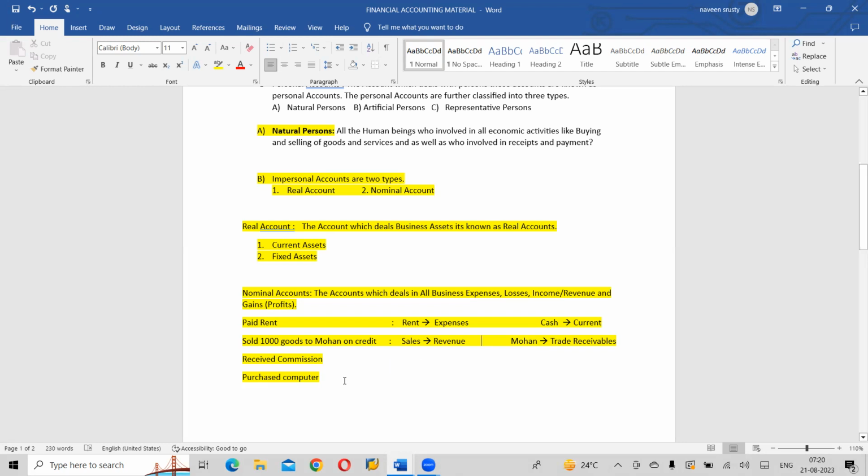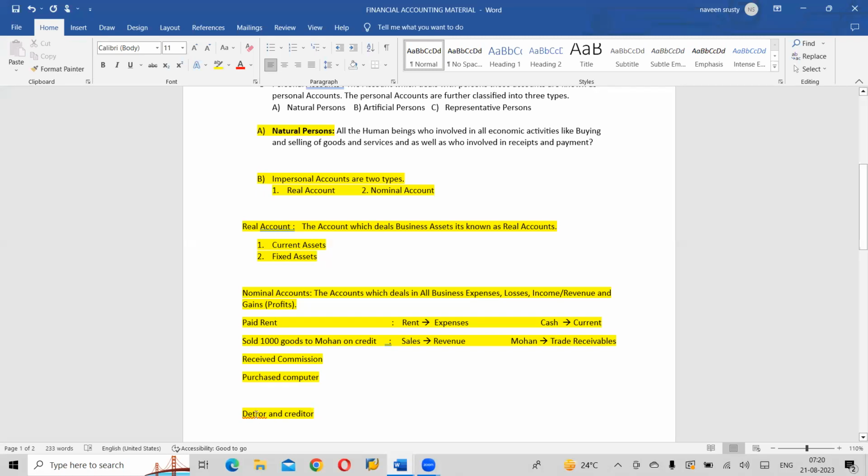Now I know the meaning of debtor and creditor, everybody knows the concept. A debtor is someone who needs to pay the business, who is liable to pay the business, from whom the business has to receive.